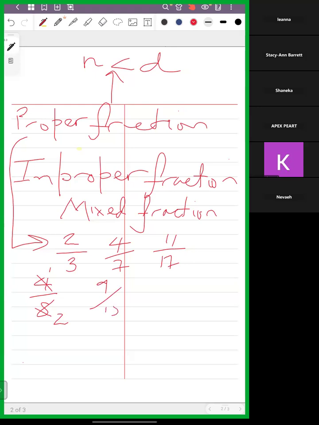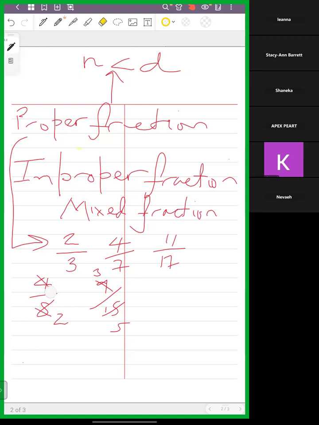Because if I pick 15, something can go into 9 and into 15, which would reduce my fraction to 3 over 5. So as opposed to saying 9 over 15, we could have just said 3 over 5. So you want to choose numbers that are not divisible by each other. The bottom cannot go into the top, and the top cannot go into the bottom, and there's nothing that can go into both the top and the bottom. Do we follow?